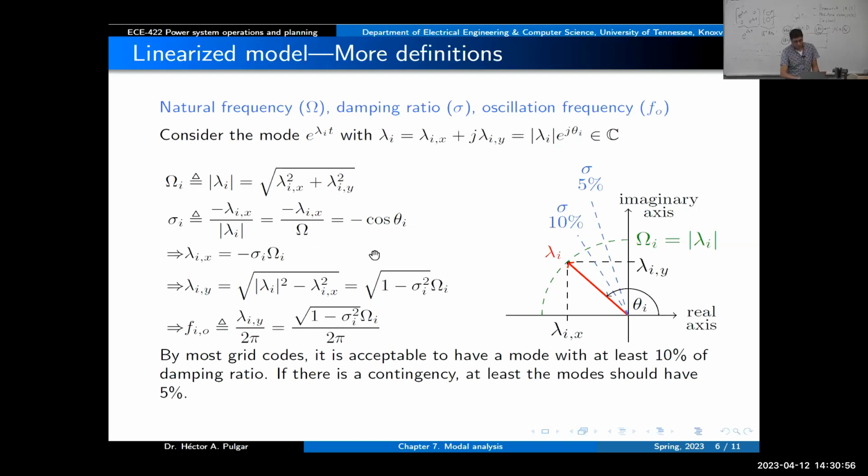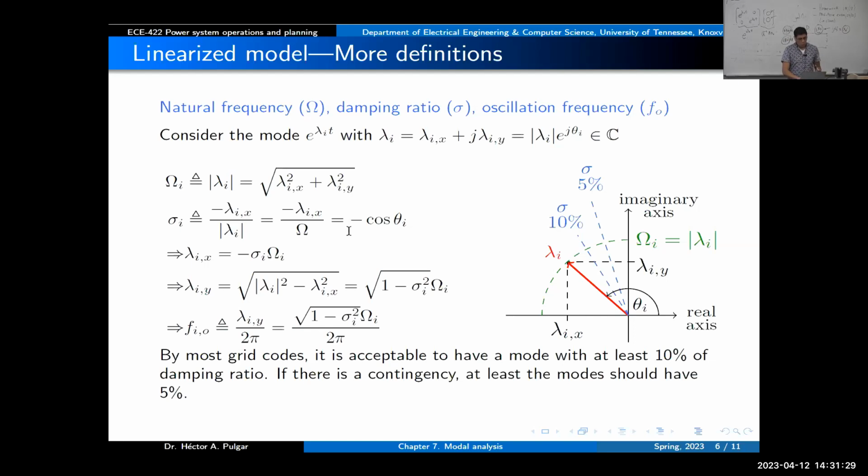Or you can use the negative of the cosine of the angle of that eigenvalue. Either way, you will be able to determine the damping ratio. This is a dimensionless quantity. So if this is 0.1, what is the percentage of that? It's like per unit. How much is that? 10%. Yeah. So those are the numbers we will get here.